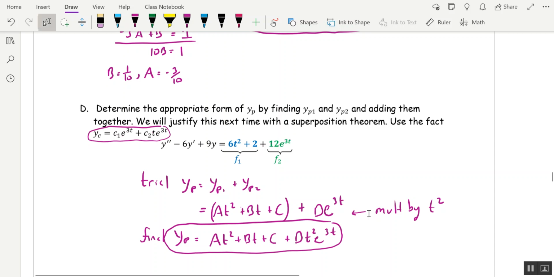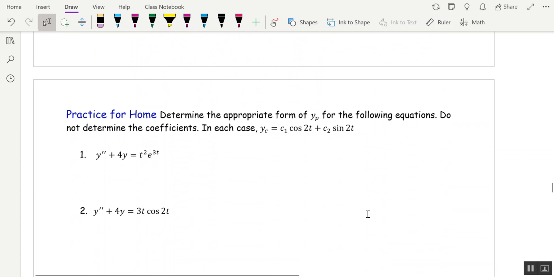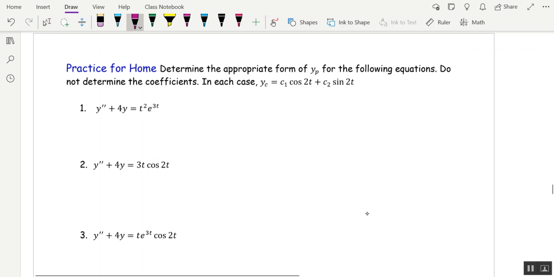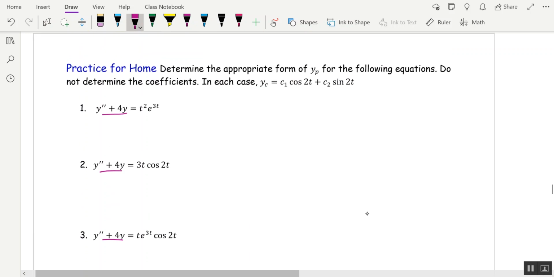Okay, so your homework for this section, in terms of the homework you have to upload on your lecture notes, isn't that bad. I've just given you 4 problems, and each one has the same homogeneous part, and I've given you the solution to the associated homogeneous. It's C1 cos t plus C2 sine t. So in each case, you're going to write down the trial yp for the function f.